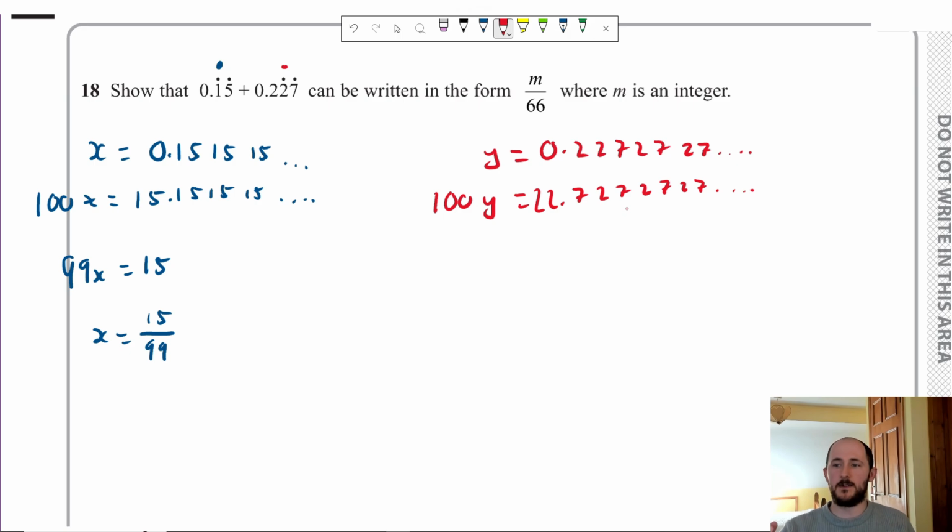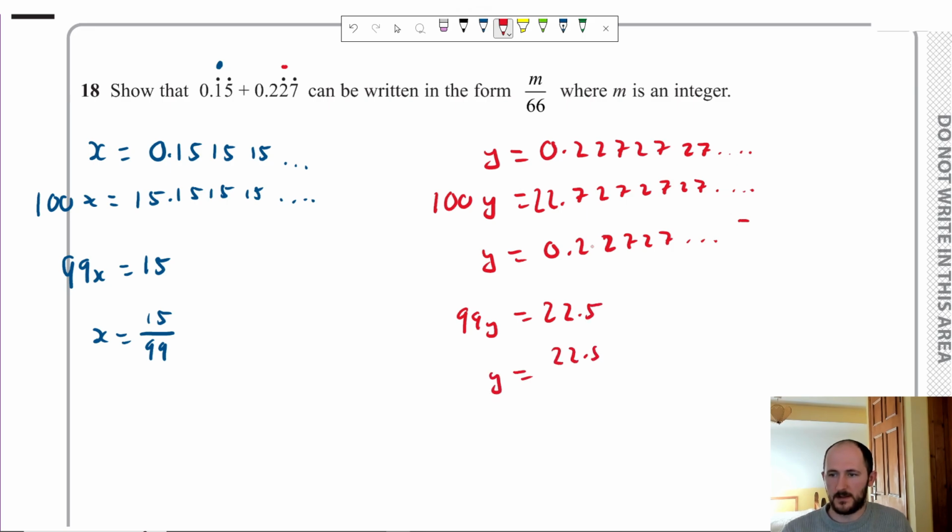So the way I like to do this, I like to lay it out in a way that's very obvious to see what's going on. And if we just subtract those two, we can clearly see that all the recurring decimals will disappear. So 99y is equal to 22.5. So y is equal to 22.5 over 99.